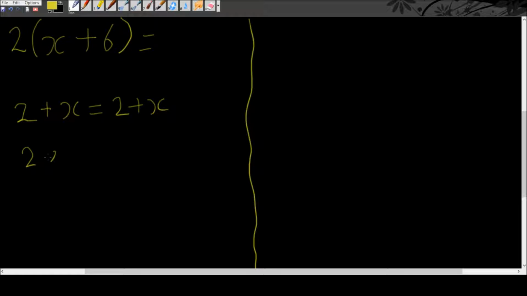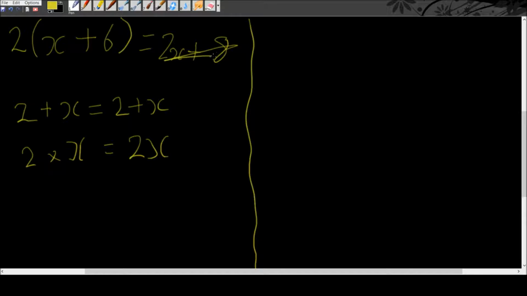Now 2 times x will give you 2x. So that's what some people do. They sometimes think that we're adding, so they say that 2 plus x gives you 2x, and they say 2 plus 6 gives you 8. That's what some people do, but I'm telling you now that it is totally wrong.